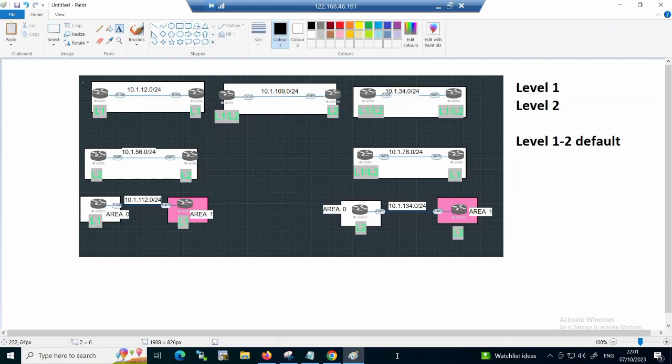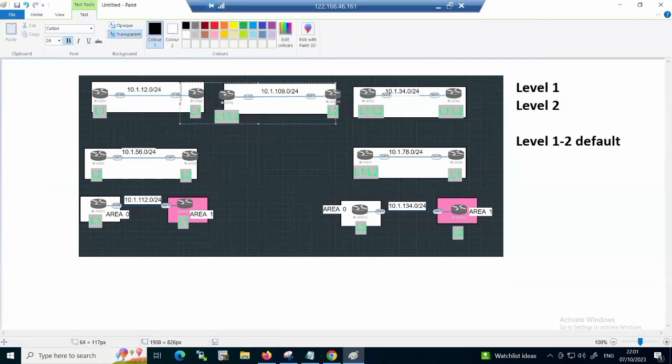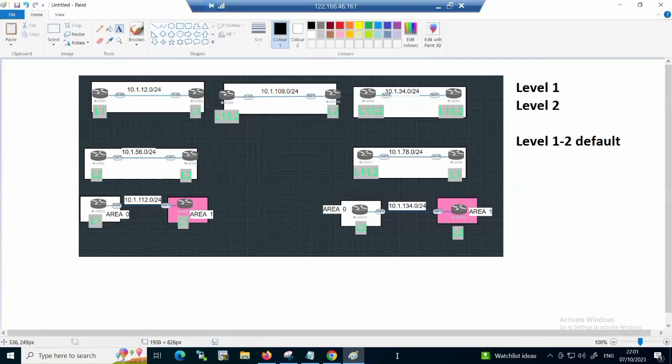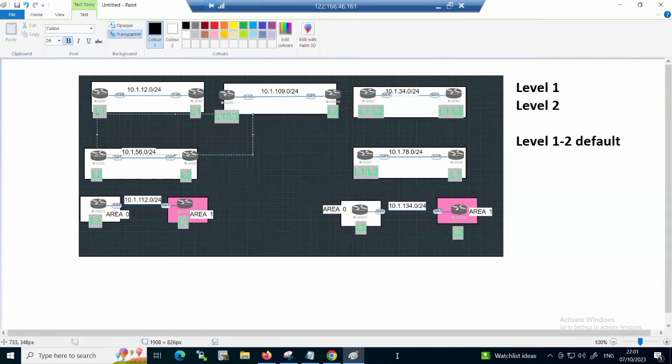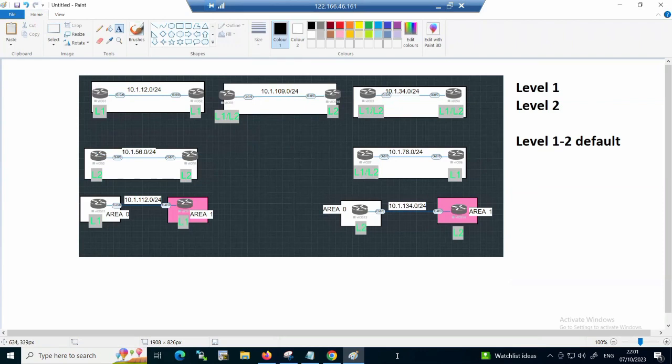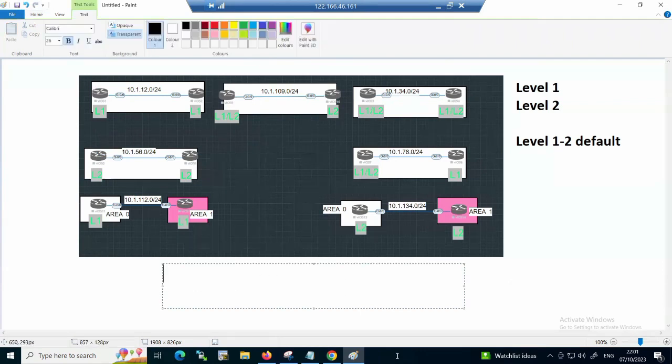So for example, I can say that this router 1 is a label 1 router. This router is also a label 1 router. If the label is matched, they can form the neighborship. This concept I'm talking about right now applies to the single area and multi-area concept as well.